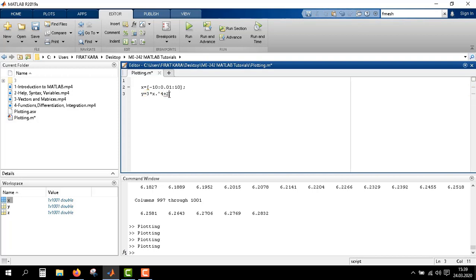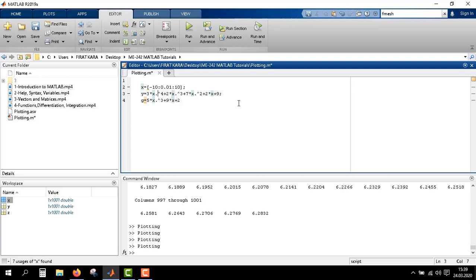Plus 2 times x squared, plus 7 times x, and so on. And g equals 3 times x to the power of 3 plus 9 times x plus 2.